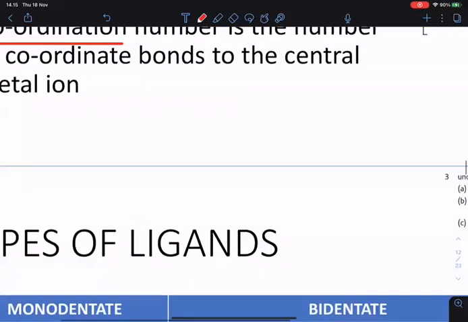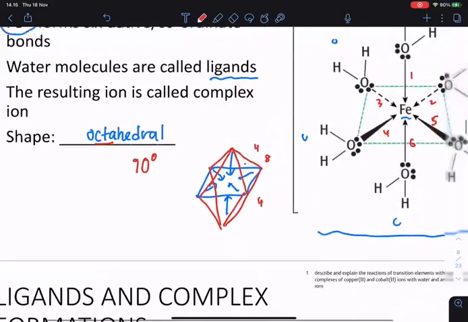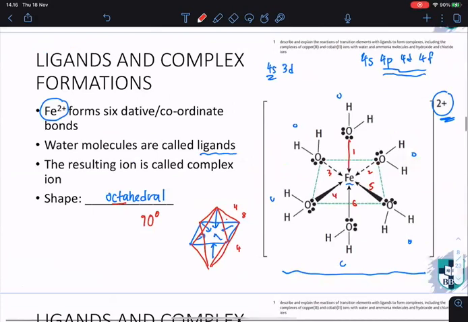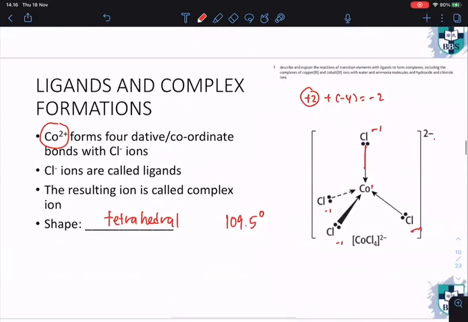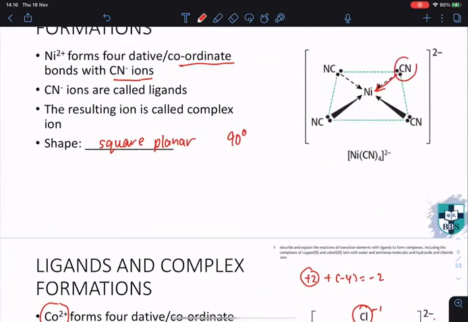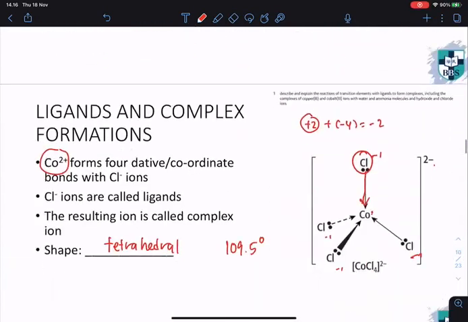If you look at some of the examples that I give you over here, all these are monodentate. You can see here, one ligand, one bond. And over here, one ligand, one bond. You can see Cl minus, CN minus, and water. They are all called monodentate.